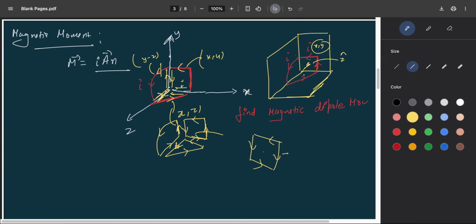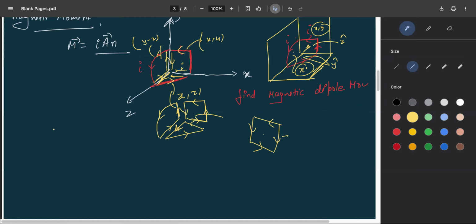What about this bottom part? This will give you the y direction. This will give you the x direction. So you will have three vectors: magnetic moment Mx plus My plus Mz. You just need to add all of them. This is what you need to do in this case. Clear?